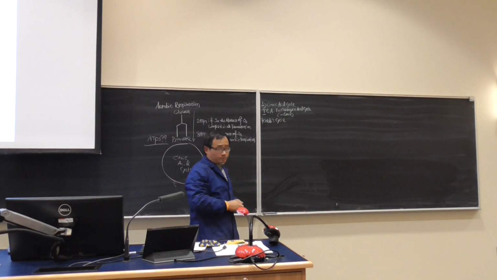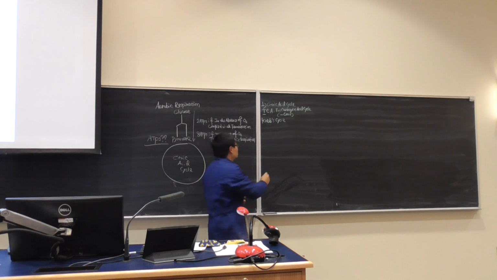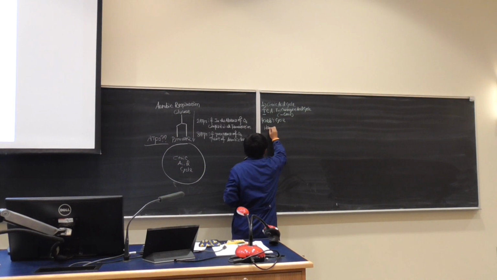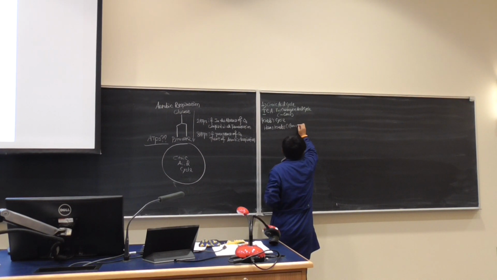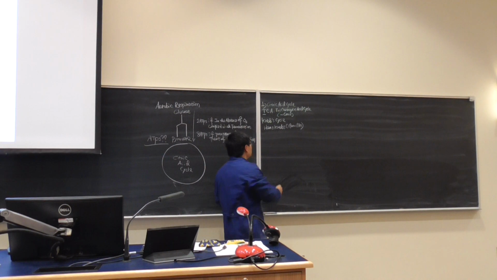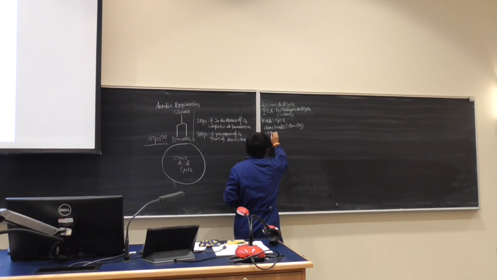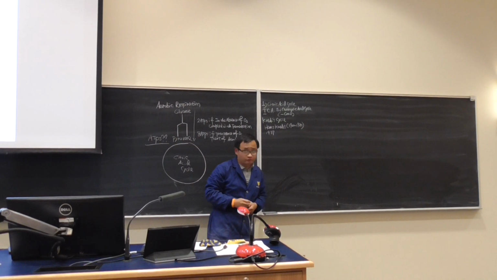This comes from a British scientist from the University of Sheffield, Hans Krebs, 1900 to 1981, 81 years old. In 1937, he verified the citric acid cycle.